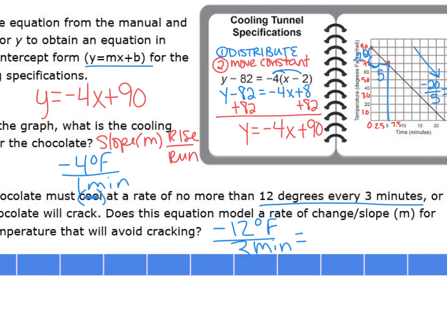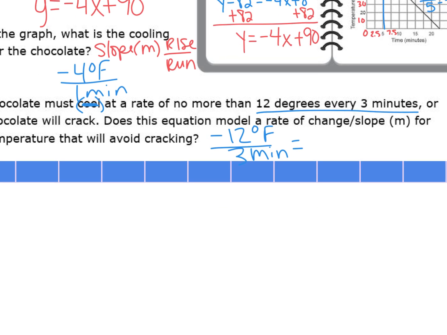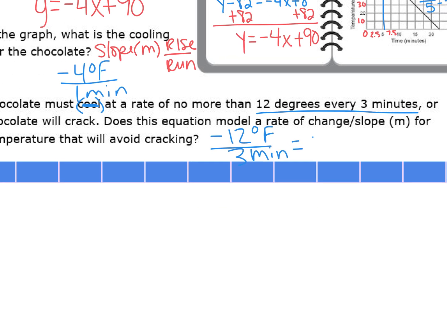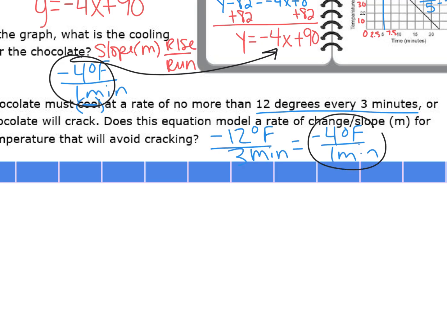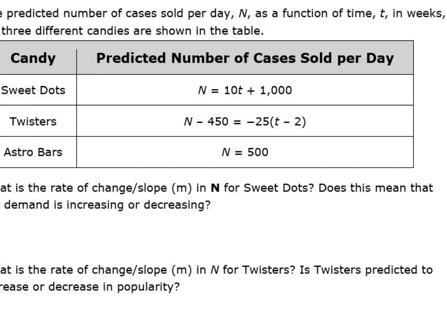Is that going to be the same slope as what we just did? Should be, because this reduces to negative 4. So notice when we did our graph, we got our slope of negative 4, which was here in our equation, and then just now with the 12 and 3, it matches there in the equation. So they all tie together.